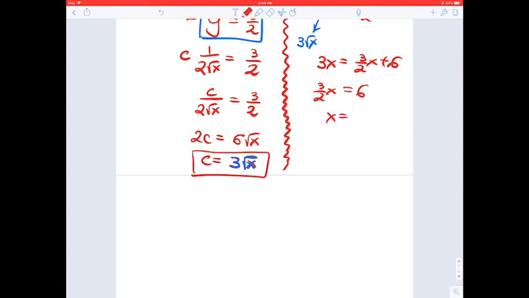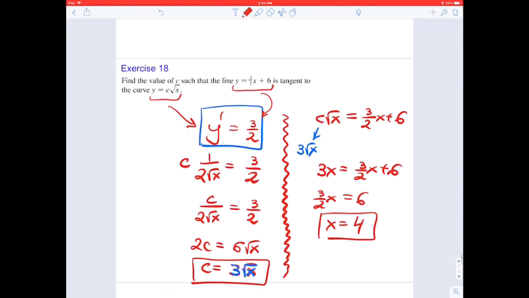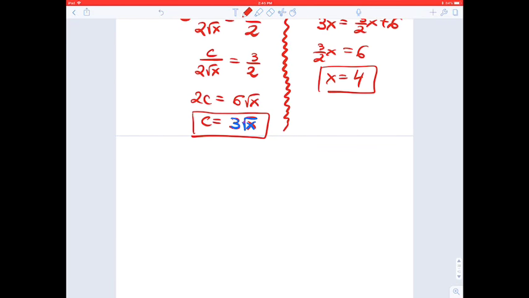And then x equals 4, because if I multiply by 2, 12, divide by 3, 4. Okay, the question was to find the value of c. Combining these two, c is 3 root 4, because everything is happening at x equals 4. 3 times 2, 6. The value of c is 6. This is the final answer. And I do have one more question.